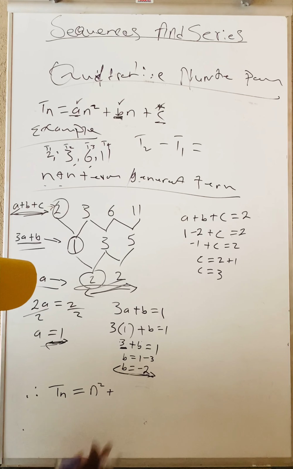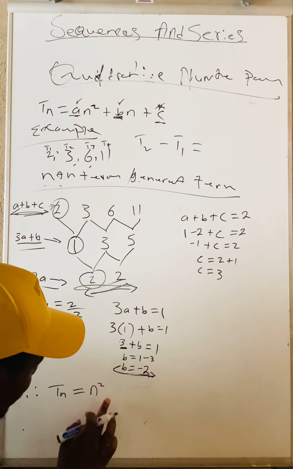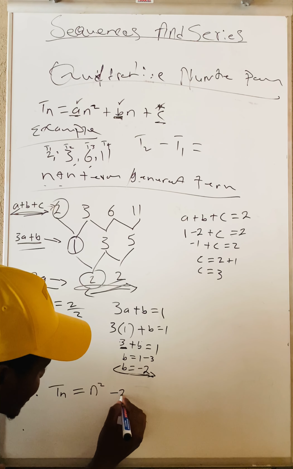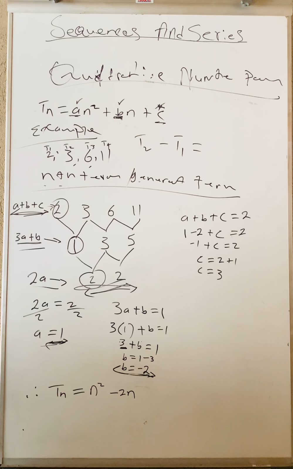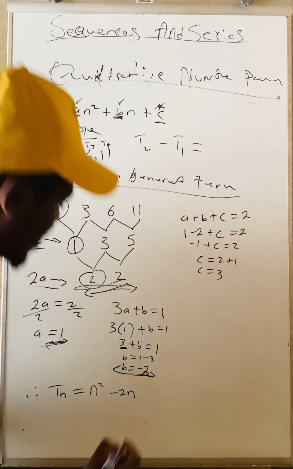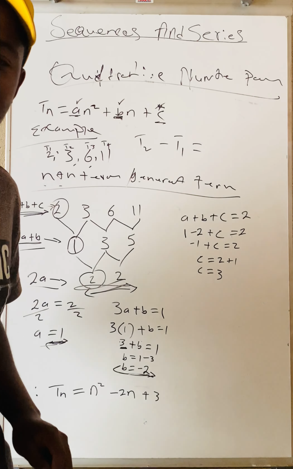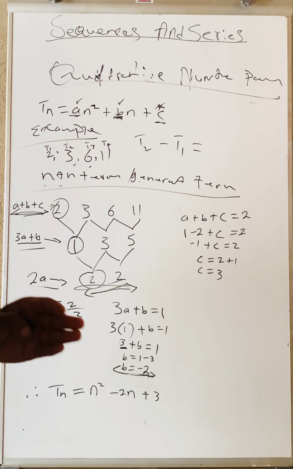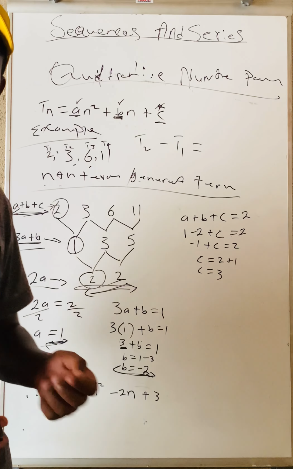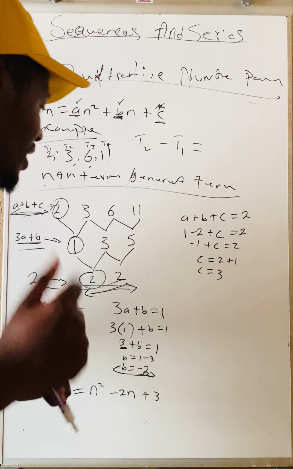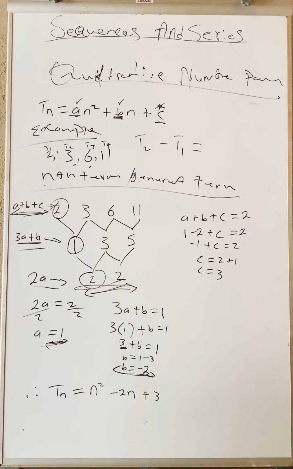Our B is what? Is negative 2. Then therefore here you have negative 2n. Then what is our C? Plus 3. Right. You see how simple it is. Simple as ABC. Right.